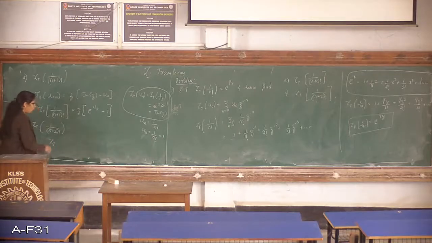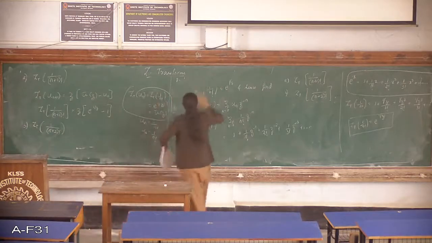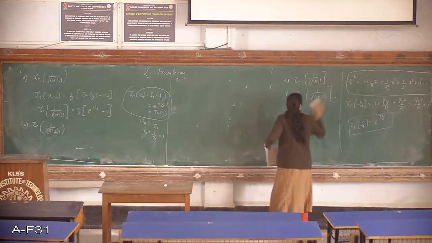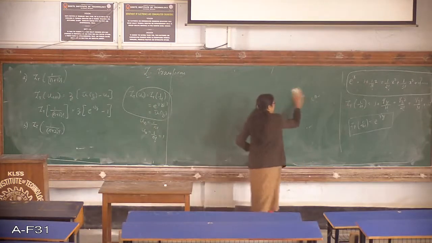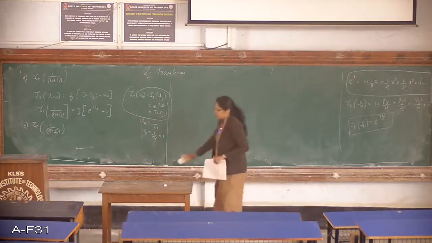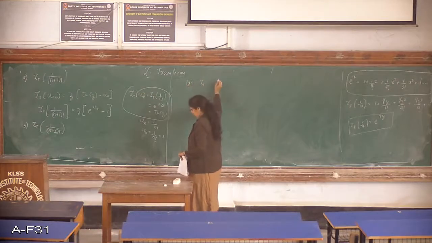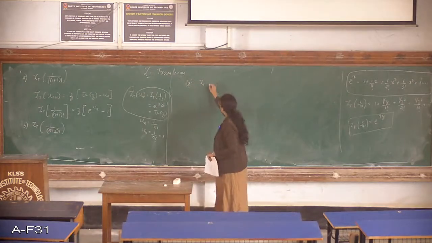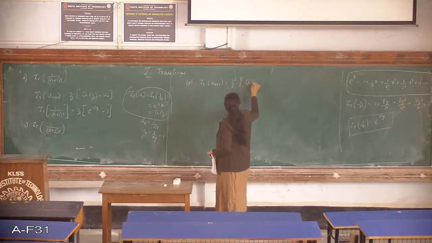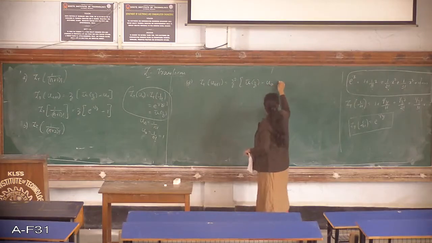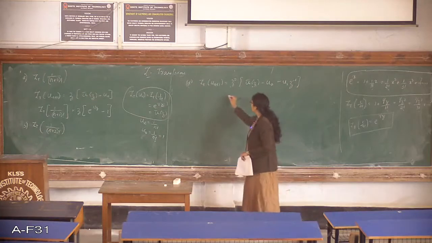The Z transform of un plus 2 we have obtained as z square u bar of z minus u naught minus u1 z raised to minus 1. As simple as that, that is z square.